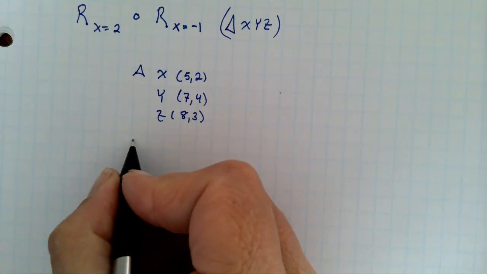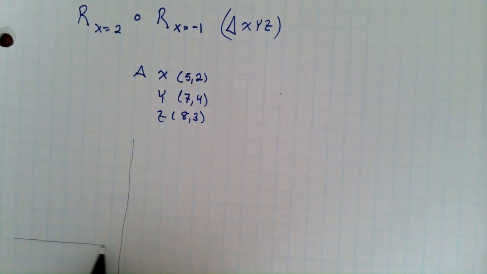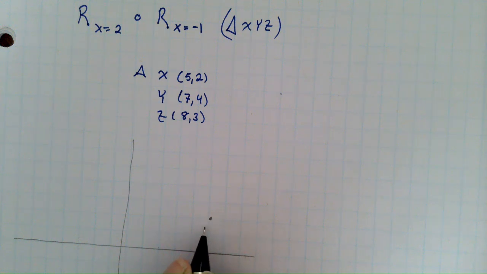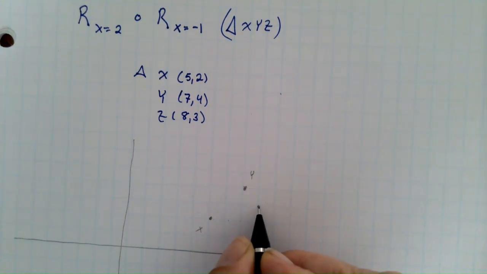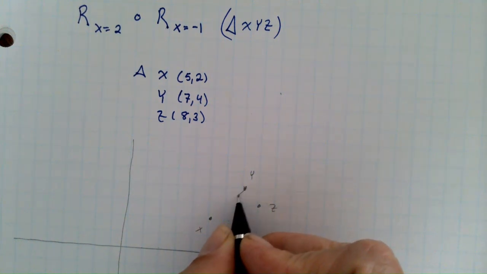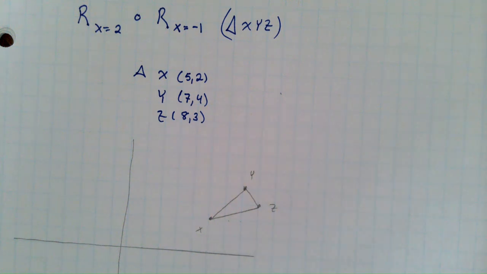Okay, so one, two, three, four, five, 1, 2, 6, 7, 3, 4, and Z. Okay, there's our XYZ.